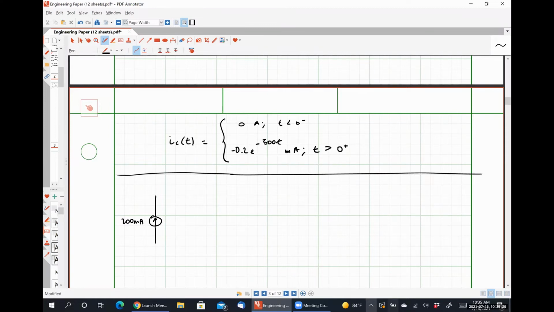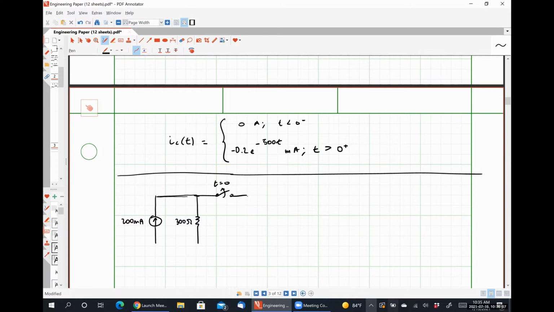So let's say we have a 200 milliamp current source connected to a 300 ohm resistor. We have a switch that will be opening at t is equal to 0.